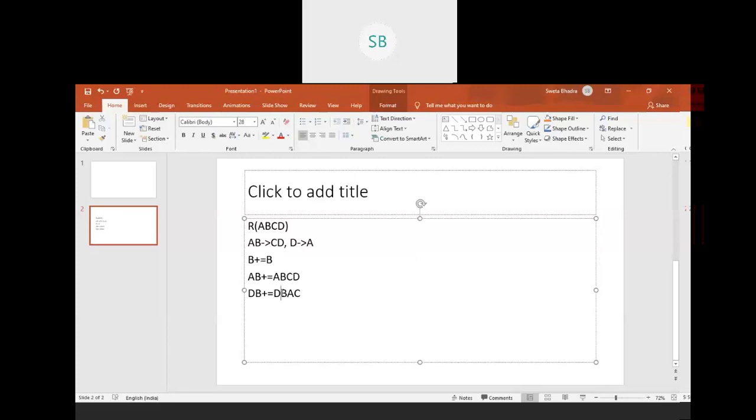So we have AB. If you have the functional dependency that determines CD, then ultimately it is determining C also, and we are not writing D because it is already present. Which means that this can be a candidate key. Now we have two candidate keys: AB, DB. Now tell me if you have any confusion.